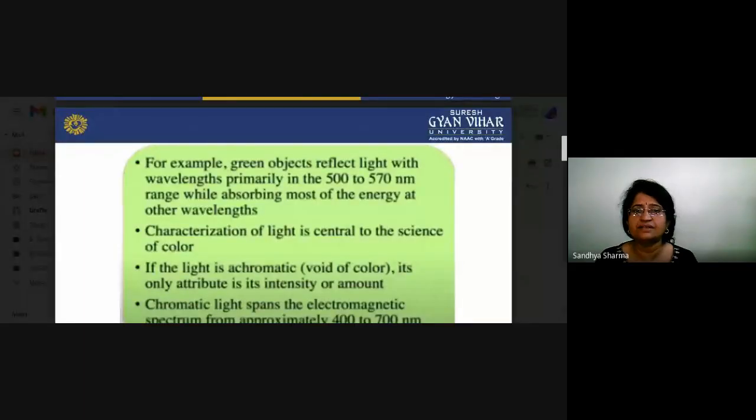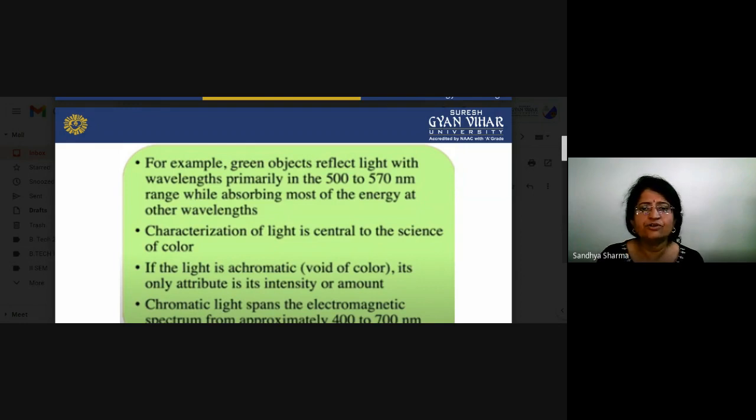So if we are talking about a green object, the property of a green object is that it will reflect light in the 500 to 570 nanometer range, while absorbing most of the energy at other wavelengths. That is the reason why green objects look green, because they reflect the green colors and absorb the energy of other wavelengths.